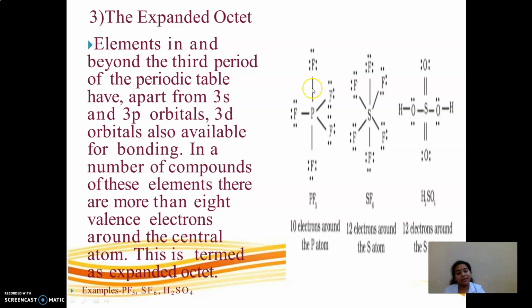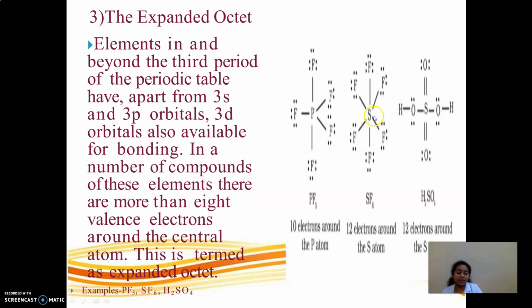Each fluorine will donate 1 electron and phosphorus will donate 1 electron, so each bond represents 2 electrons. If we count 2, 4, 6, 8, 10, it contains 10 electrons around phosphorus.